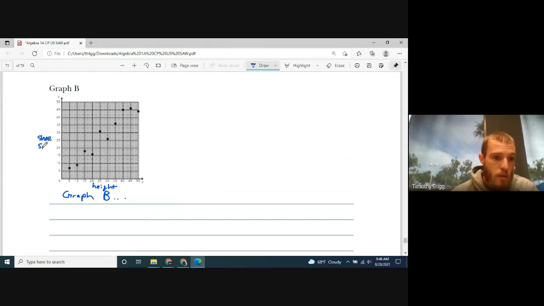So this is basically saying that as you measure someone's height, if they have a taller height, likely they're going to have a larger shoe size, right? So that would be a relationship that is positively correlated.